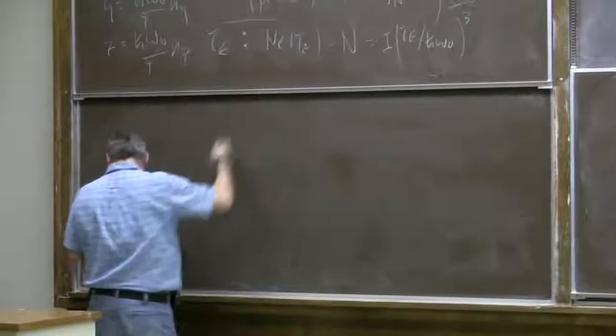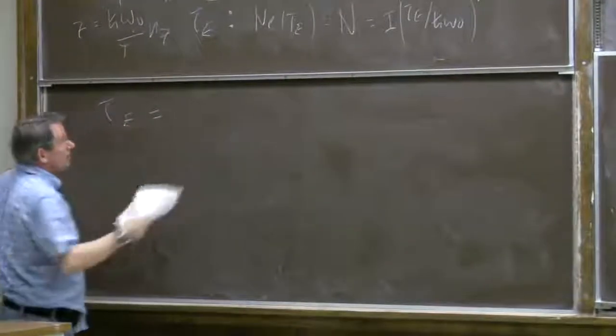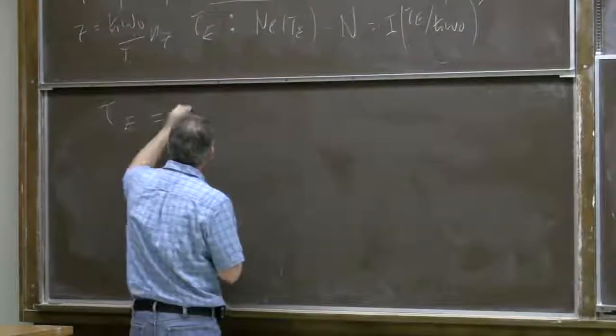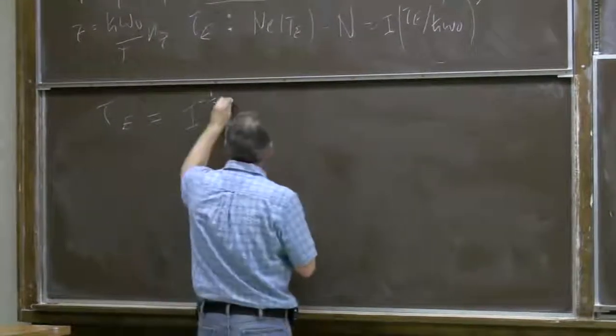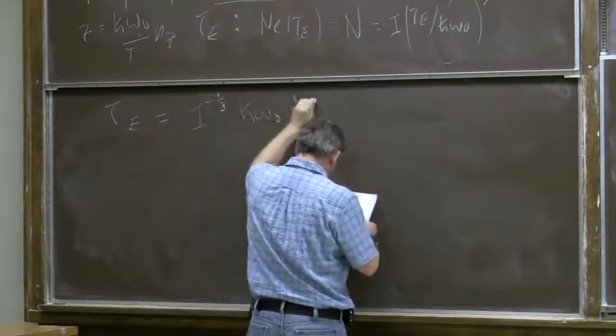Our formula, I guess I had a board here, didn't I? For the Einstein temperature, taking cube roots, becomes this number I to the minus 1/3, h bar omega naught, and then n to the 1/3.